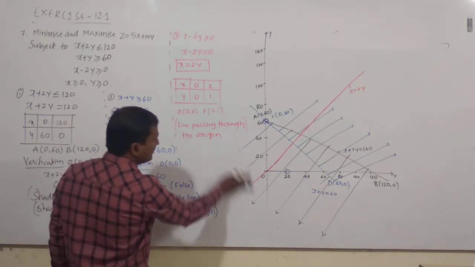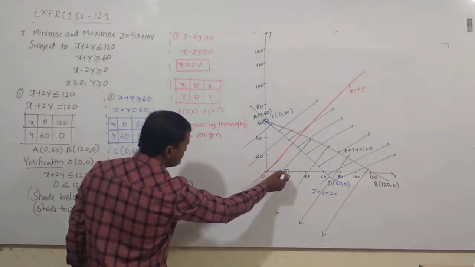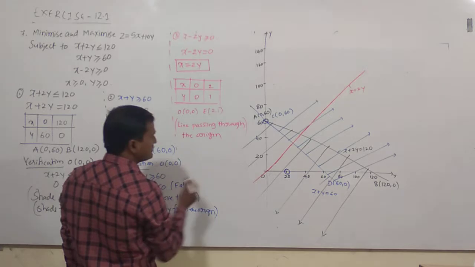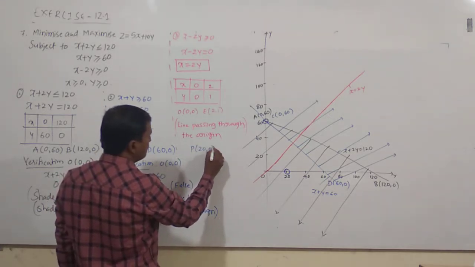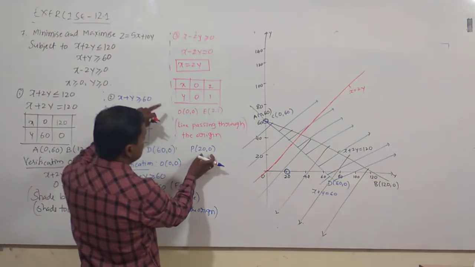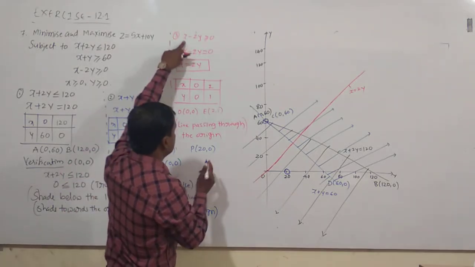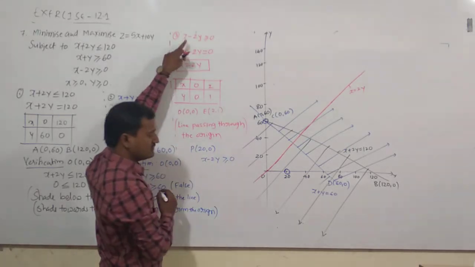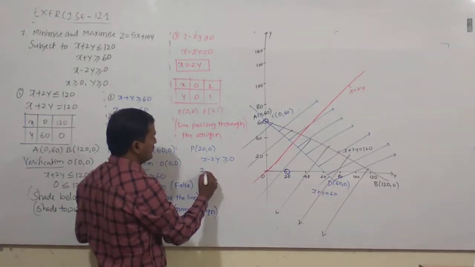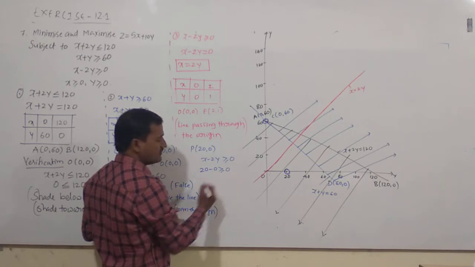That point lies on the x-axis. I will substitute 20 comma 0 in the inequality x minus 2y more than or equal to 0. The value of x is 20, so 20 minus 0 is more than or equal to 0.